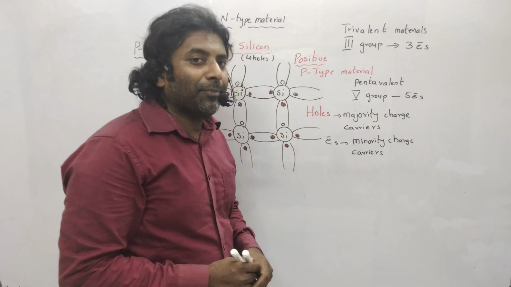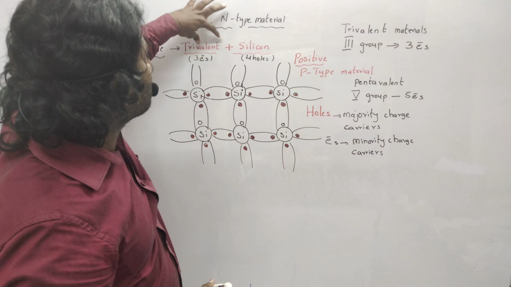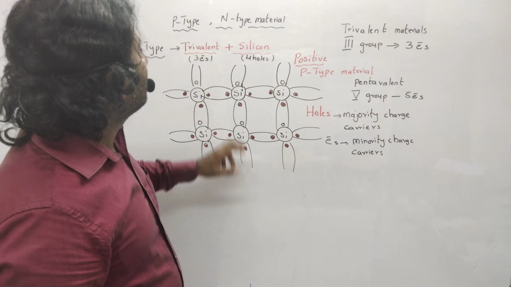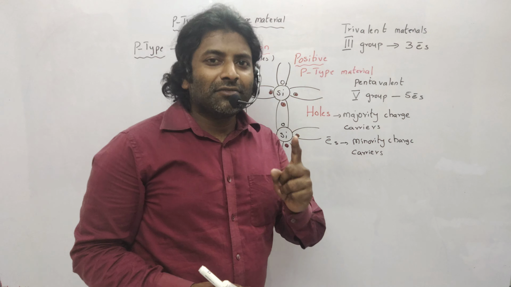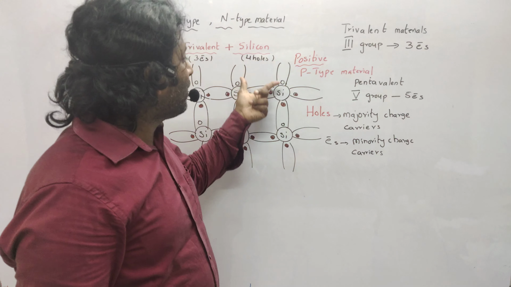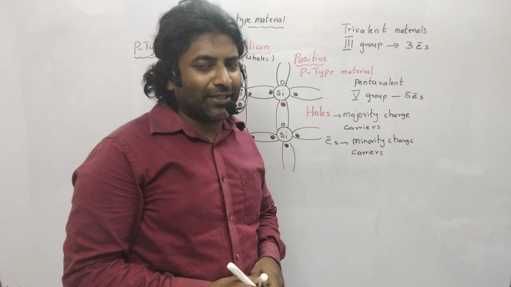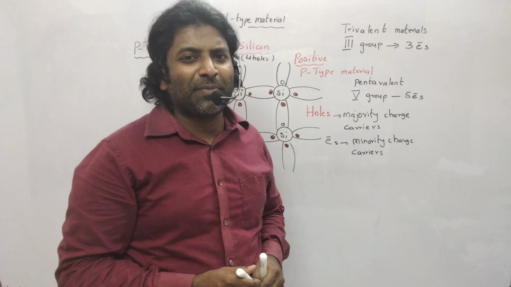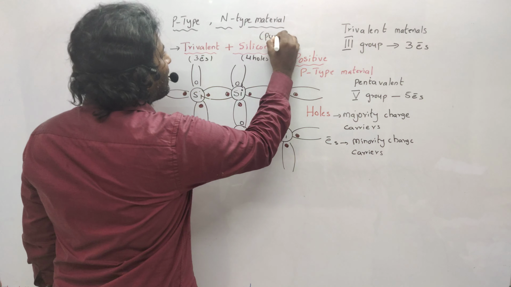Now understand some important points. Silicon in its purest form, when it is not bonded with trivalent material, is in pure semiconductor form. In the starting sessions, I wrote that silicon is a pure semiconductor. Once again, I want to write here: pure semiconductor.